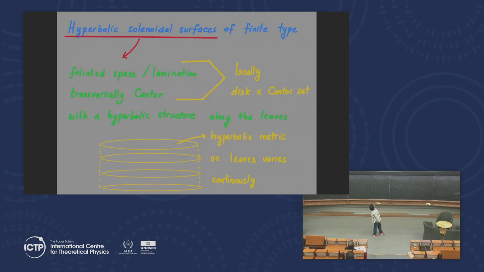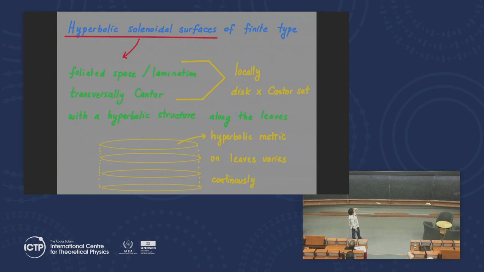A hyperbolic solenoidal surface is, first of all, what is a solenoidal surface? Well, it's a foliated space, or a lamination. It's a metric space which is foliated with a foliation of dimension 2, and it's transversely Cantor.